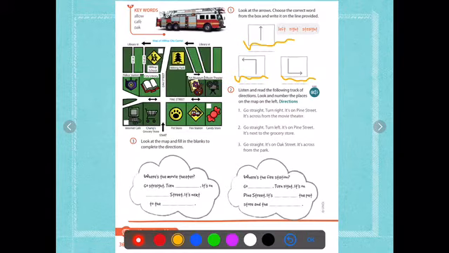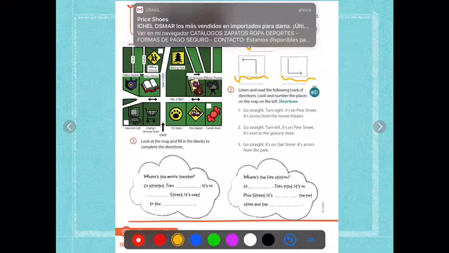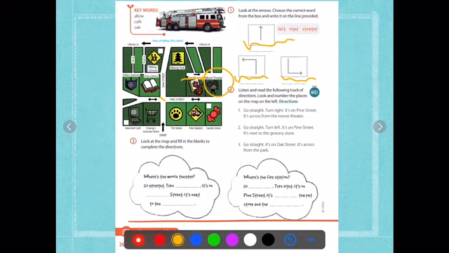So go straight, and I'm trying to turn right, and it's on Pine Street. Okay, so that is the movie theater. So the answer for that one is right. Okay, we got the first one, and so on.